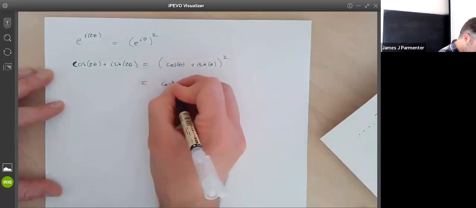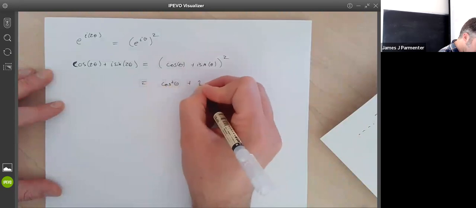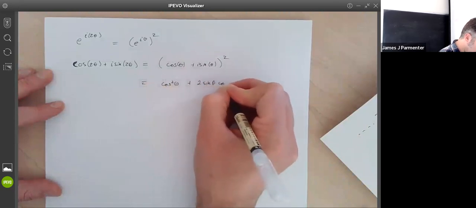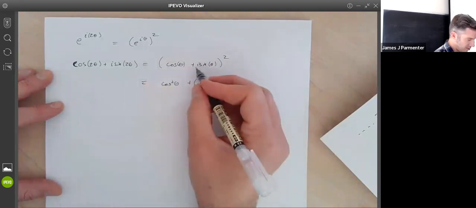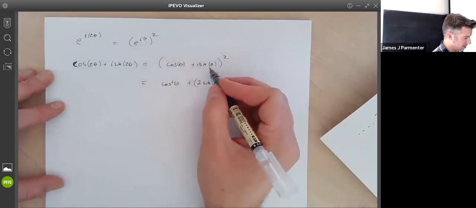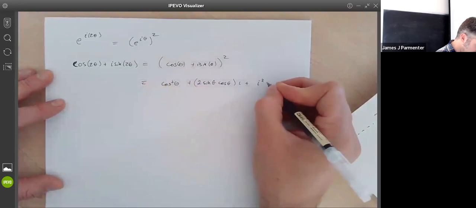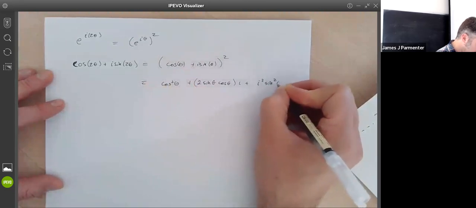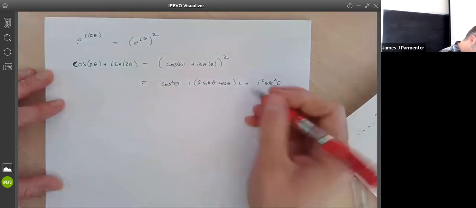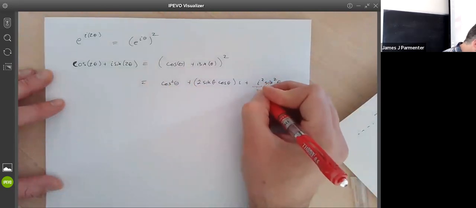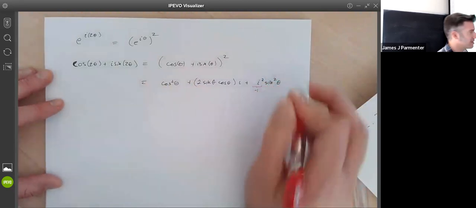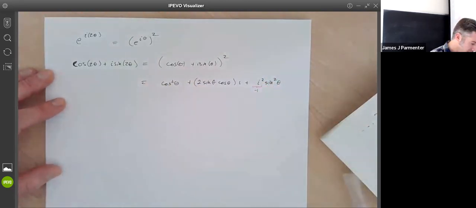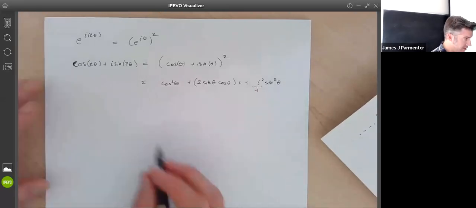That's going to be cosine squared theta plus 2 sine theta cosine theta times I plus I sine theta quantity squared is going to be I squared sine squared theta. But what's I squared equal to? I squared is -1.